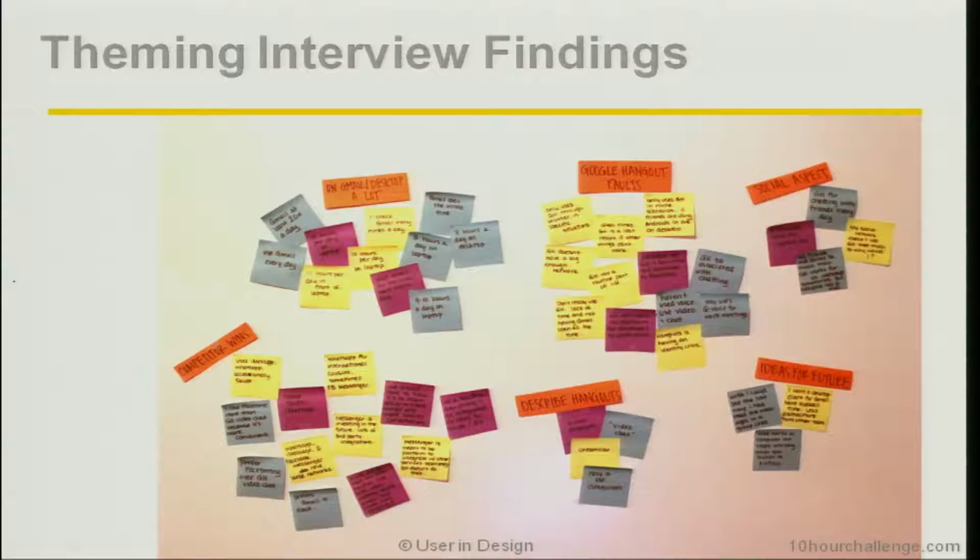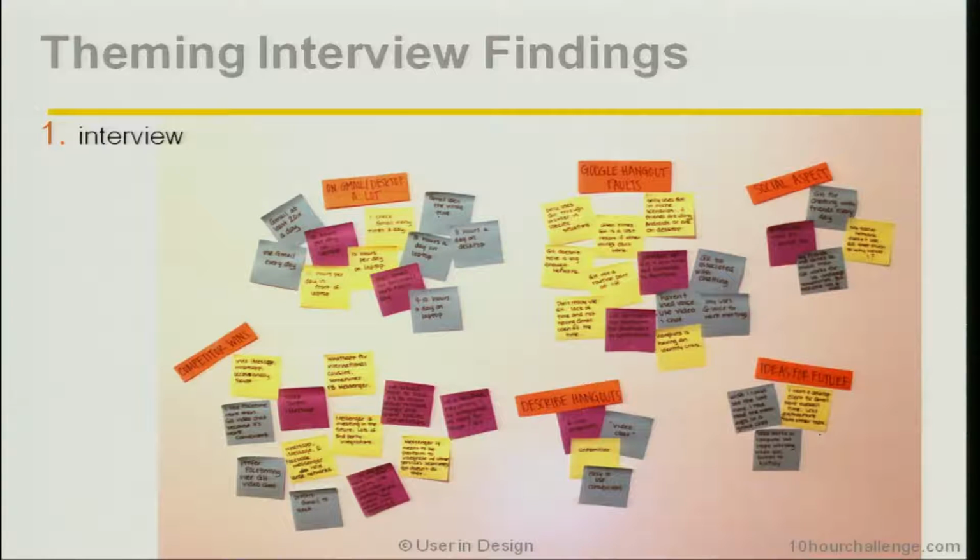They came back with all these clusters. They came back with all these issues that they've then put on post-its, that they've then clustered together, and then they have certain labels that they've given to it. On Gmail desktop a lot, Google Hangout faults, then ideas for the future, etc. So we have themed our user interviews now.